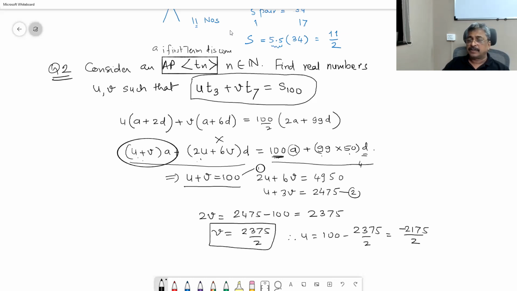That is fixed. We cannot change that. So A in LHS has exactly the same value as A in RHS. D in LHS has exactly the same value as D in RHS. Therefore, for whatever A and whatever D you fix, corresponding U plus V must be 100. Corresponding to U plus 6V must be 99 into 50.